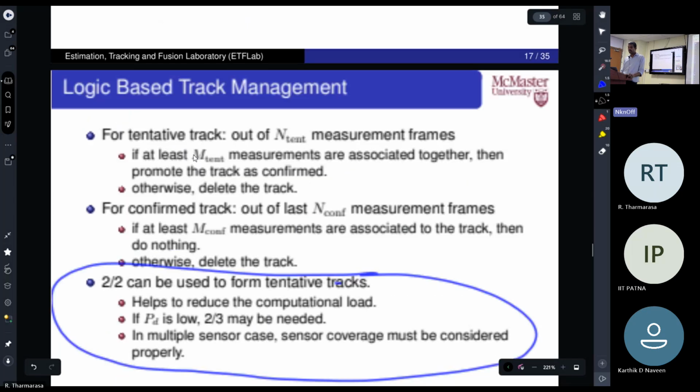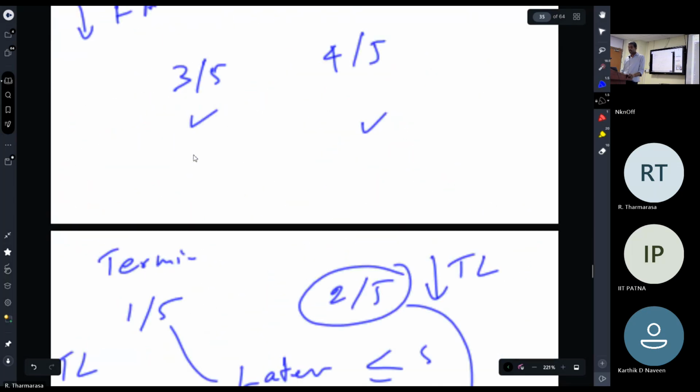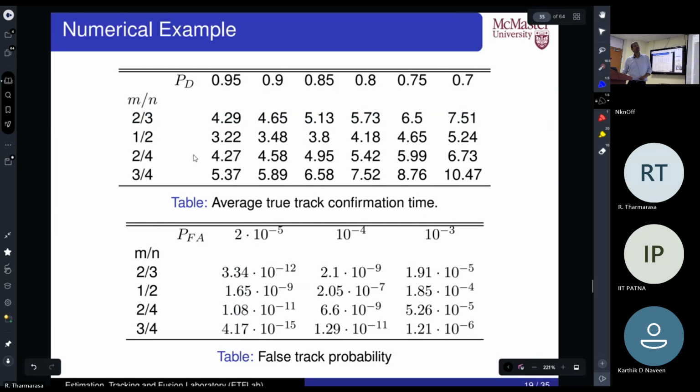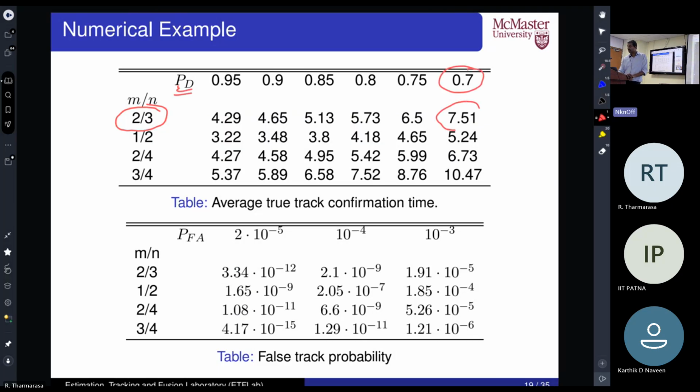Okay, so finally, this is the last slide, and this one summarizes what I was telling. If you have 2 out of 3, then when the sensor PD is lower, you see that the confirmation latency increases.